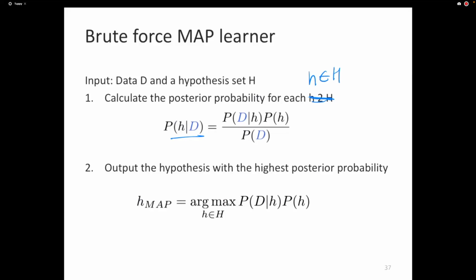And you enumerate this whole thing and find the one that has the highest posterior. If you do that, you would have implemented a MAP learner that is mathematically correct, but practically a terrible thing, because imagine enumerating every possible linear classifier and finding the most probable one. It's not going to work, but no matter what the optimizer does, it should be equivalent to this.